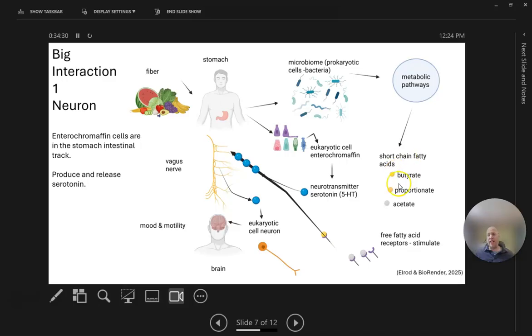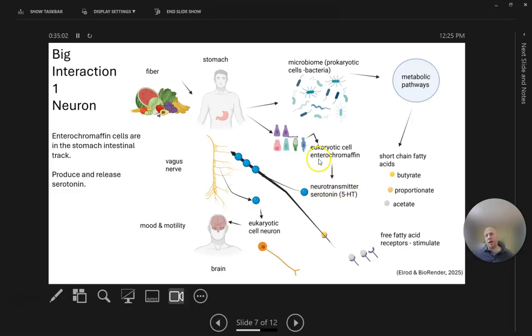And this short chain fatty acid is a signal for the receptor. When the receptors get stimulated, they open up pathways in the vagus nerve that facilitate the transmittance of serotonin, a neurotransmitter, to a neuron, a eukaryotic cell.